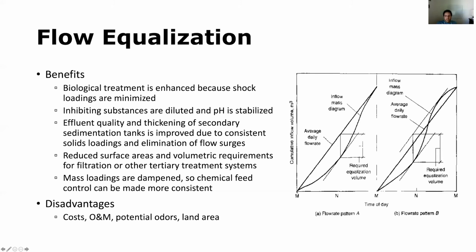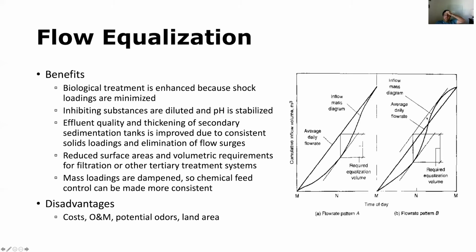If you draw a straight line from the beginning of that flow curve to the end of the flow curve over a 24-hour period, and then you draw a line parallel to that line, which just touches the edge of the curve, then you can calculate the required equalization volume based on the height between those 2 points.